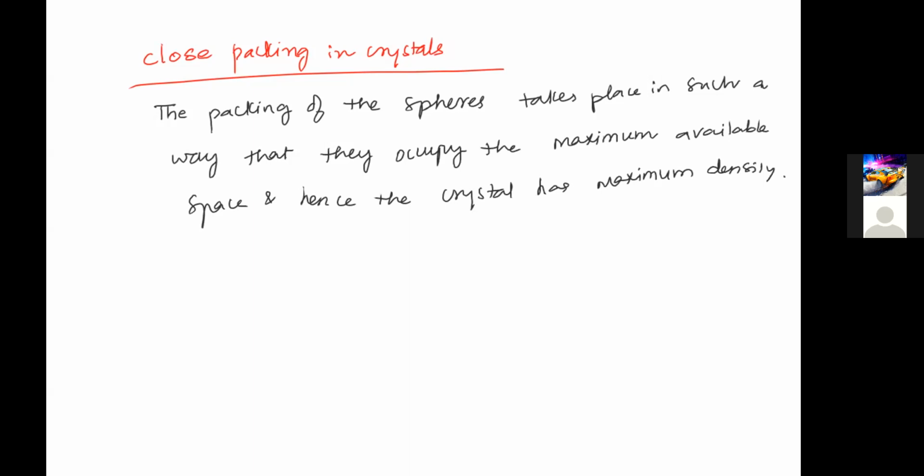So this is only called closed packing. In the closed packing, we again have 2-dimensional and 3-dimensional packing. That is 2D packing. 2-dimension, how is the closed packing going to happen?